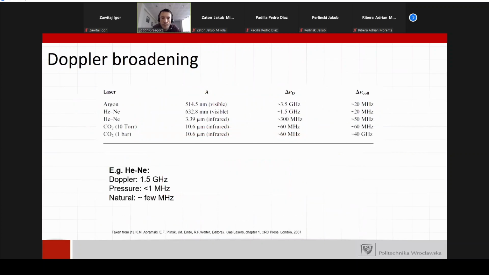So if we now summarize the impact of the Doppler, natural and pressure broadening on the gas laser, you can see that in the helium neon laser, for example, the Doppler shift might have the most dominant influence on the line shape, even up to gigahertz.